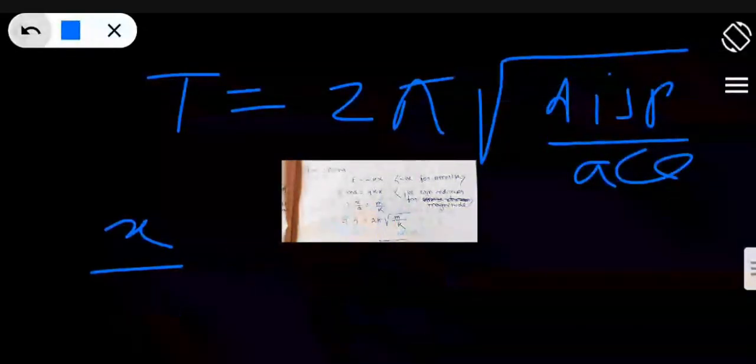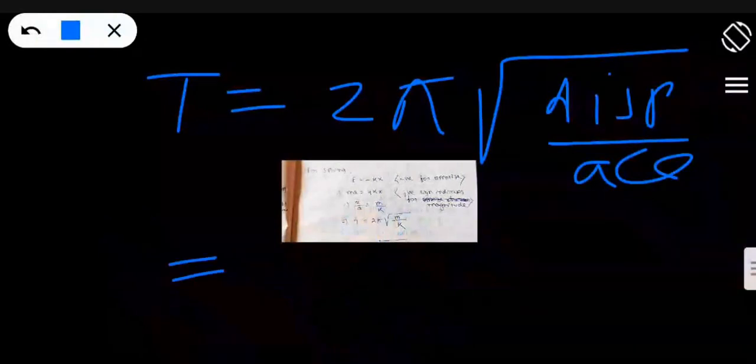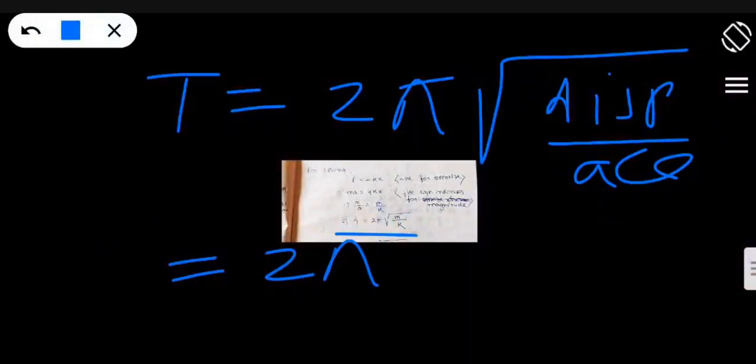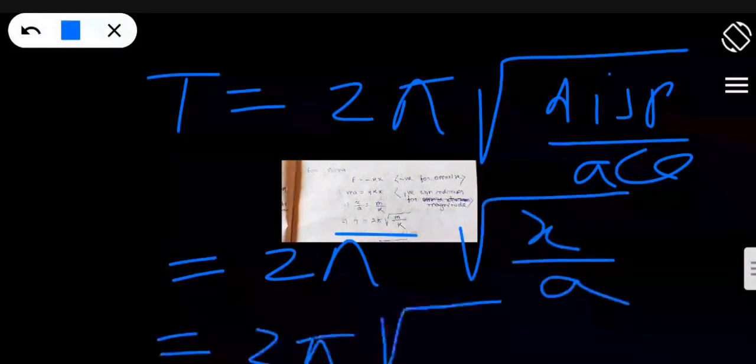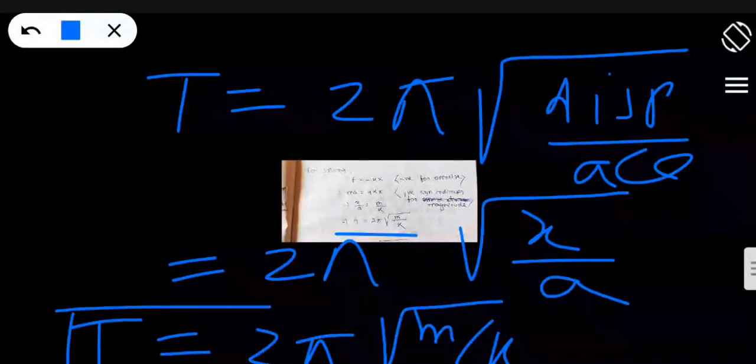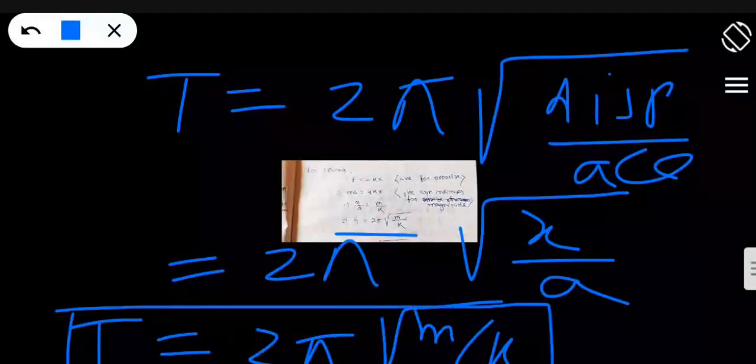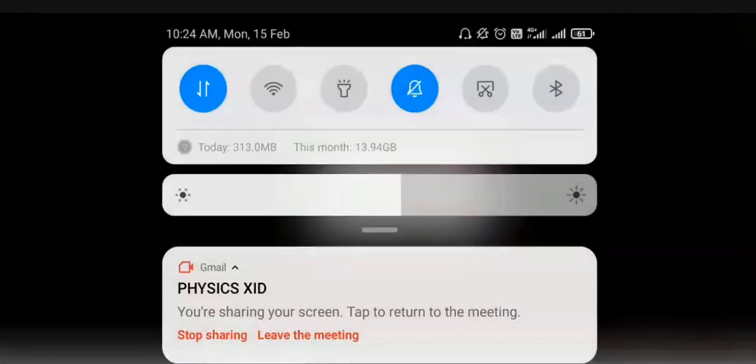So just place this m by k here. Let us place it and write it down in the clear form. This will be 2 pi into root over x upon a. This will be 2 pi into root over m by k. This is the formula for the time period in the spring. T equal to 2 pi into root over m by k.